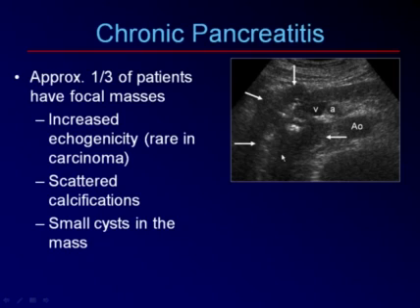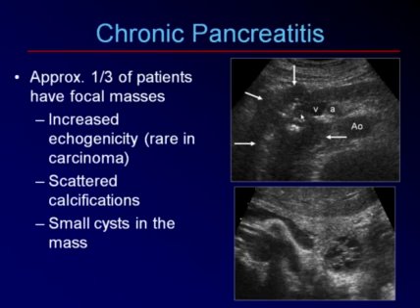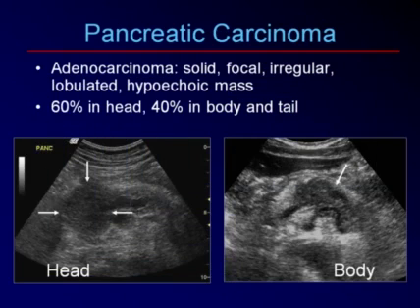That would be our clue. And sometimes we see small cysts in the pancreatic mass, the focal pancreatitis. This was chronic pancreatitis. These patients have to be followed. Sometimes a biopsy is done, but the calcium is an important telltale sign of chronic pancreatitis.